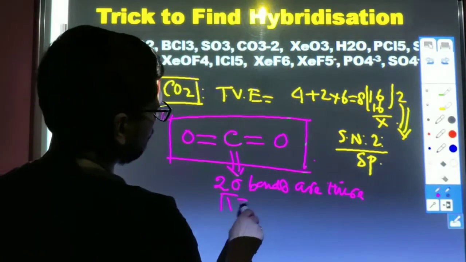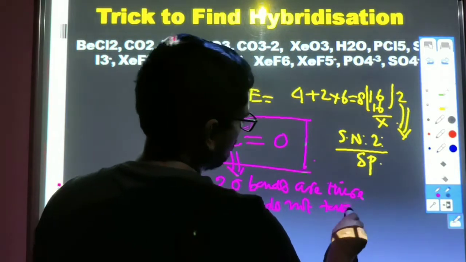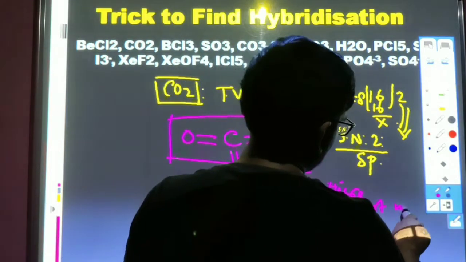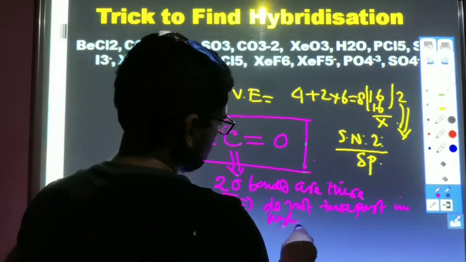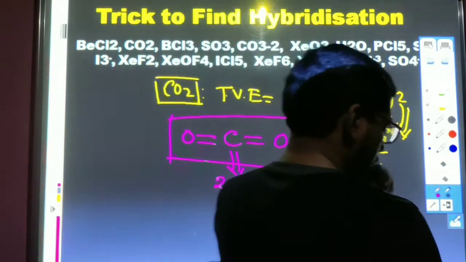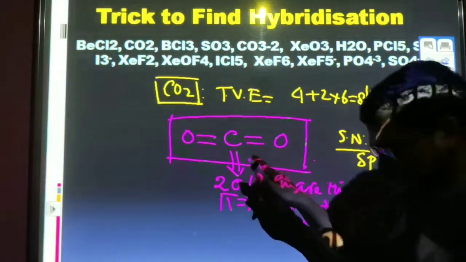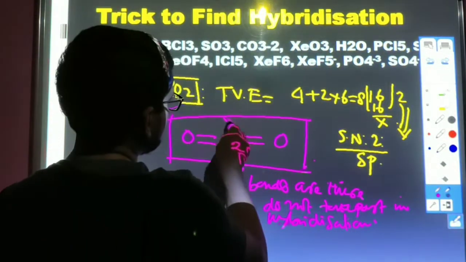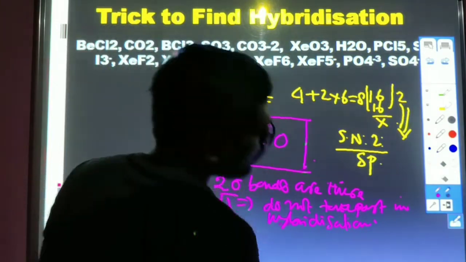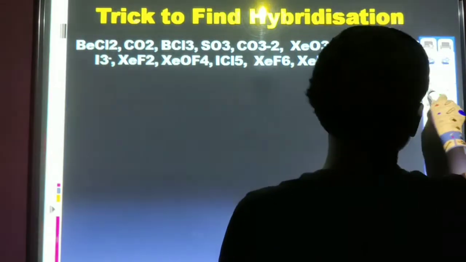Pi bonds do not take part in hybridization. So here hybridization of carbon is sp. Done.